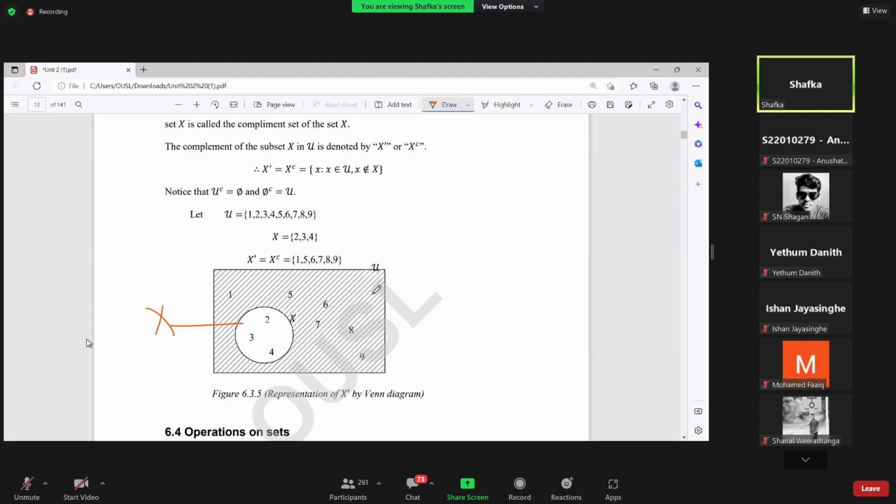The complement can be represented as this shaded region, all the elements in U but not in X. The complement is represented by X dash, or X prime.